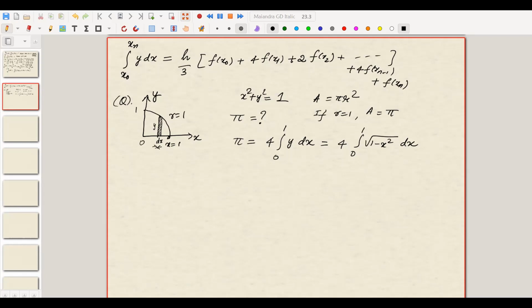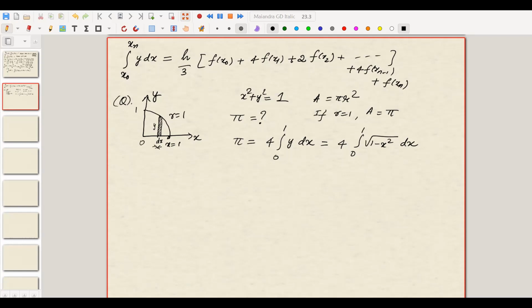After the for loop is finished, we come to the next step, out of that indentation: trap equals trap times h by 2. We never did the multiplication by h by 2 before, so we did it here. So we covered the full trapezoidal formula through this code. Then 4 times the trapezoid gives that quadrant, which should give us pi.